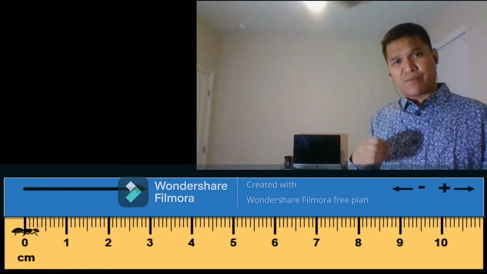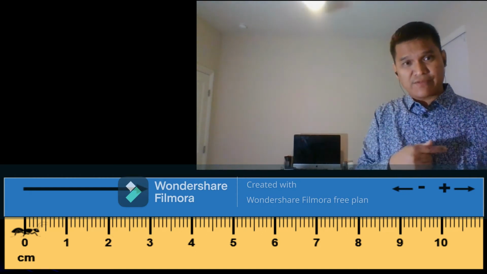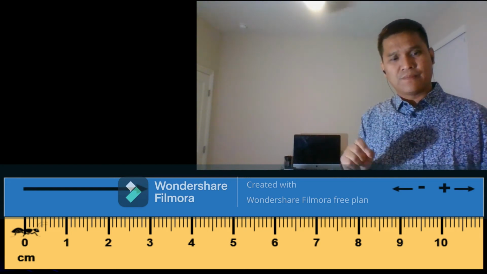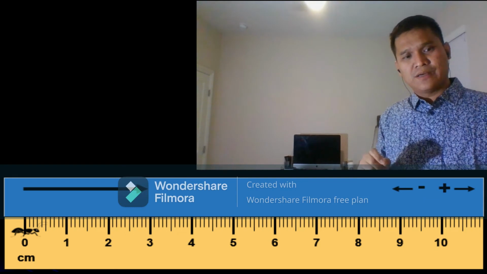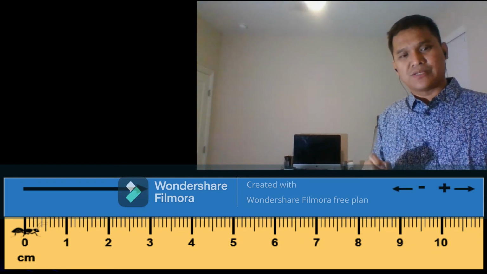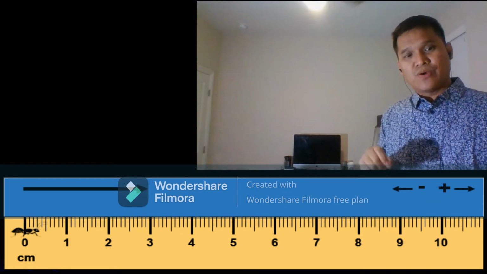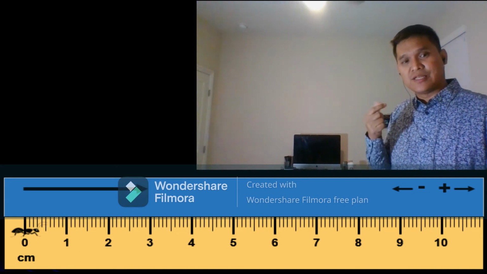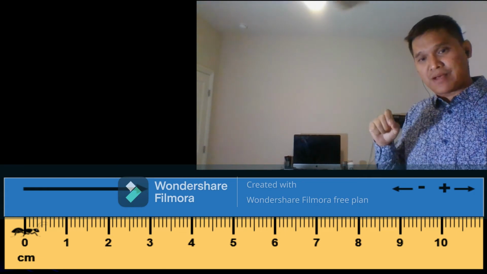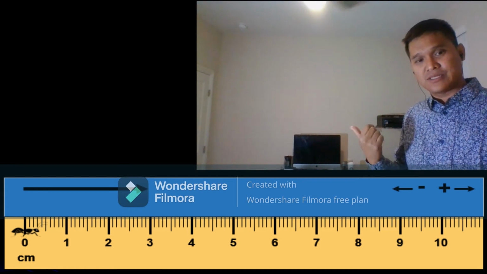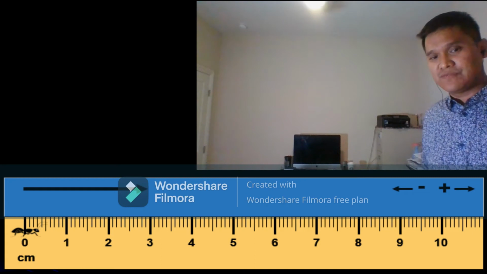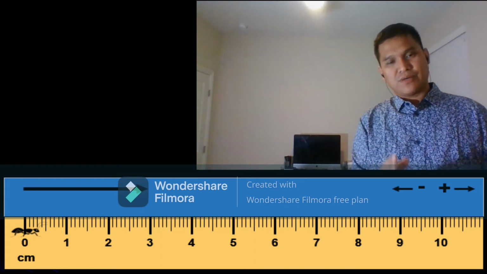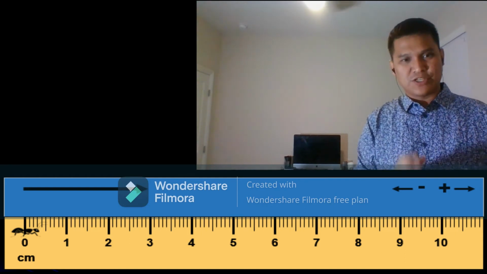If it's moving from right to left, we will denote a negative sign before the magnitude. So distance here is 3 centimeters. If we want to specify the direction in displacement, we need to put positive 3 centimeters as the displacement. The positive gives a direction. So is there any question about distance and displacement?